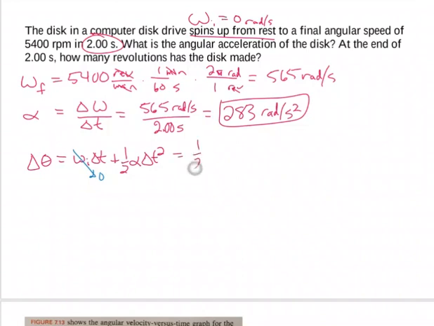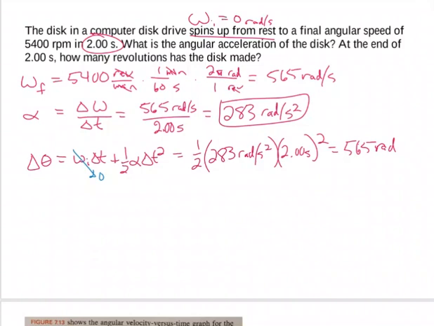So I have 1/2 times my calculator's answer, not this one, times delta t, which was 2.00 seconds, squared. So really I have 4 times 1/2, which is 2, times my calculator's answer of 283. And I wind up with, after significant figures, 565 radians.